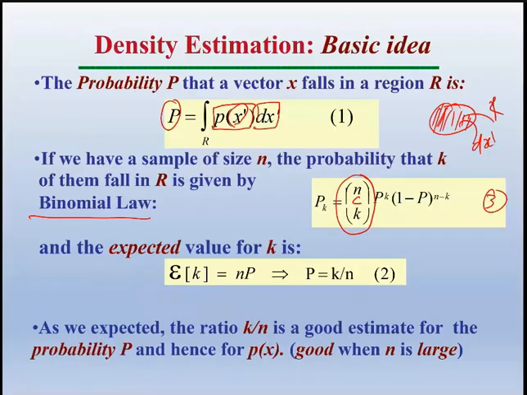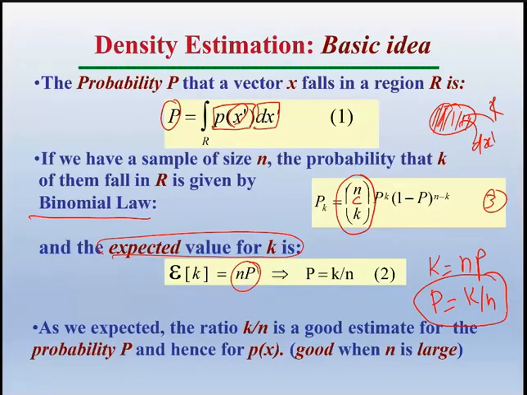This is the binomial law, and the expected value for k is np. The mean value for a binomial distribution is np. So for the mean value k, k is equal to np. So this p is equal to k by n.